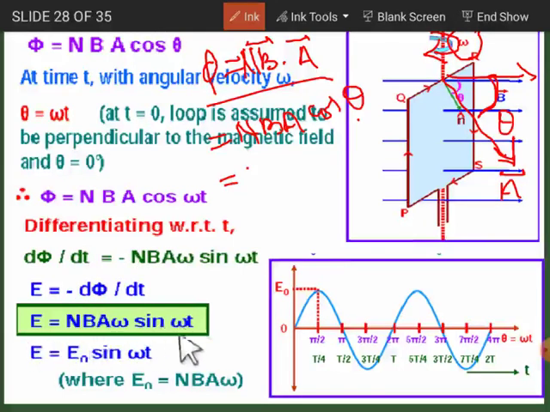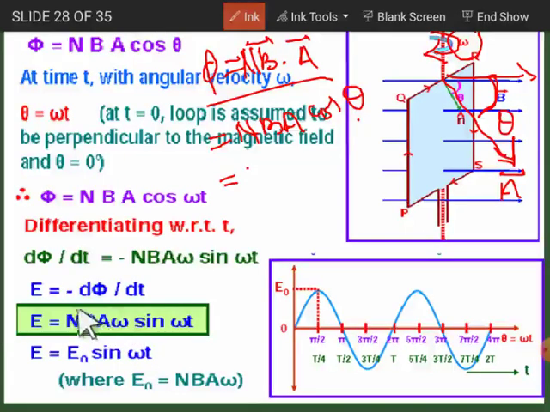This is the instantaneous induced EMF, and this induced EMF will be obtained at the output. Here N, B, A and omega are all constant. As long as you are not speeding up or slowing down the rotation, your angular velocity omega will also be constant.